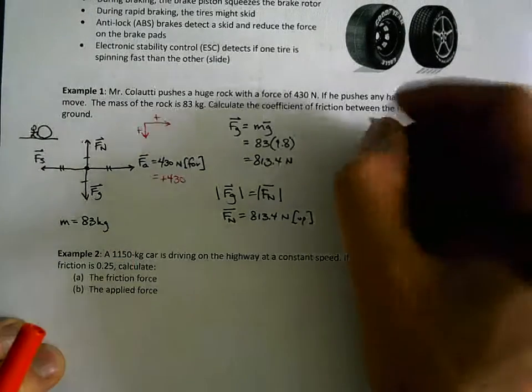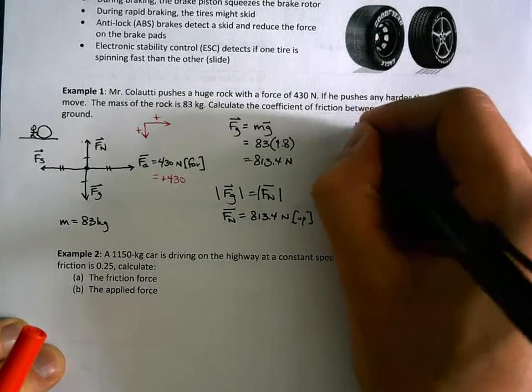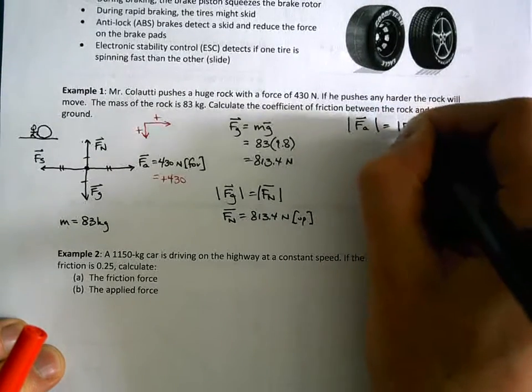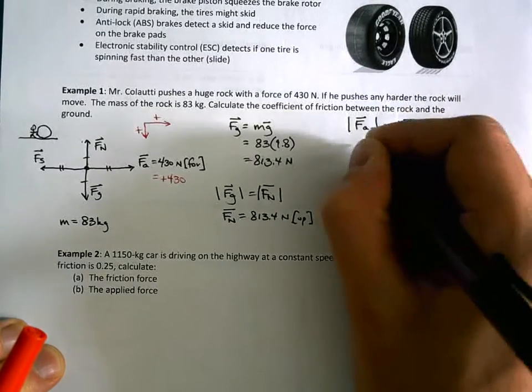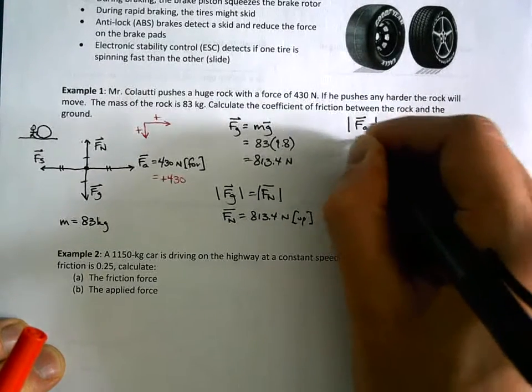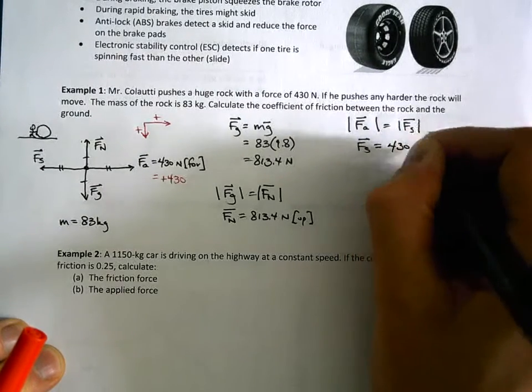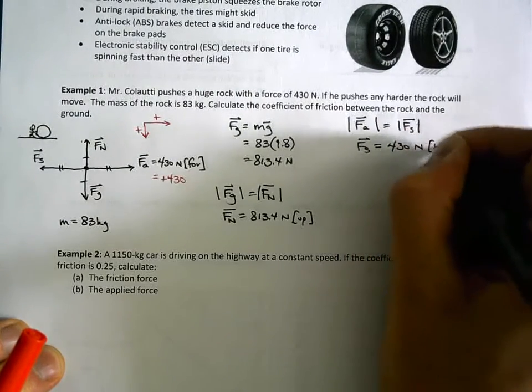And we know that the magnitude of force applied is equal to the magnitude of the static friction. So I know that static friction is equal to 430 newtons backwards.